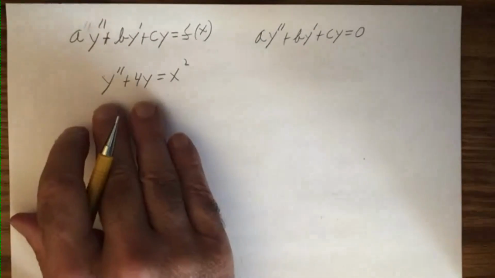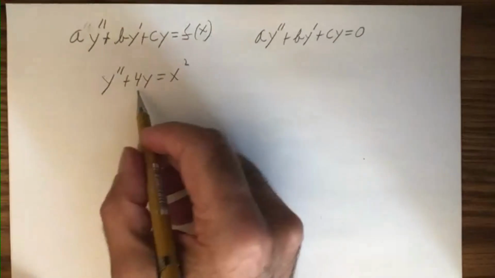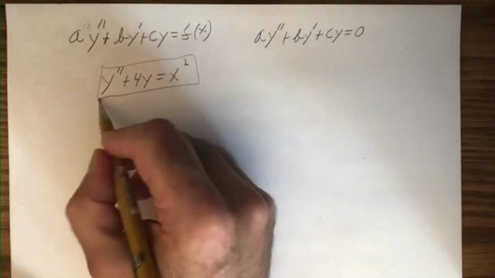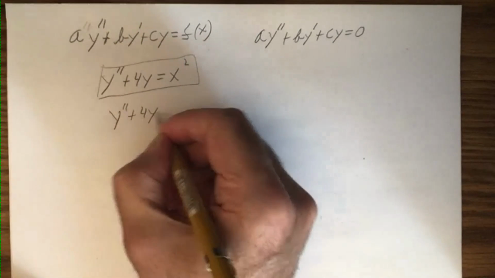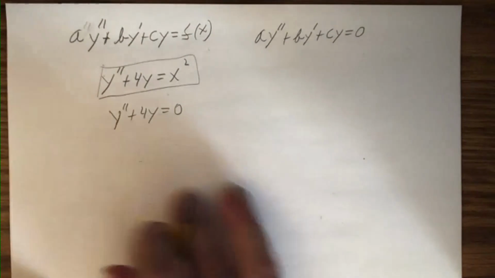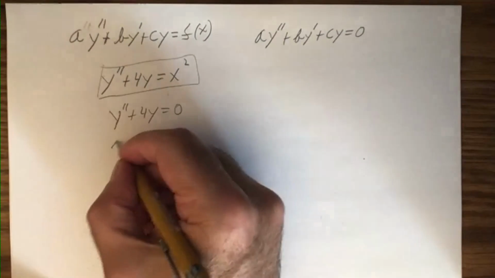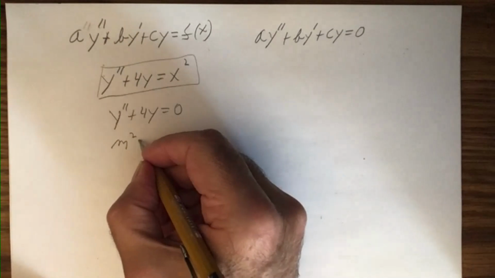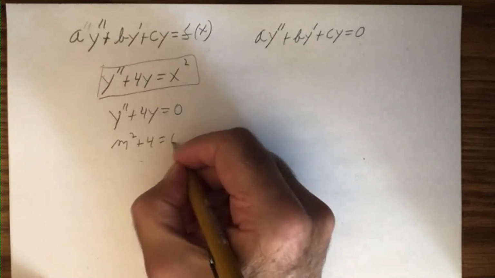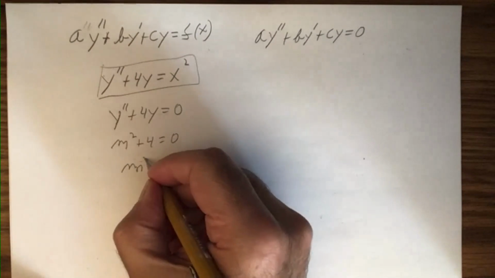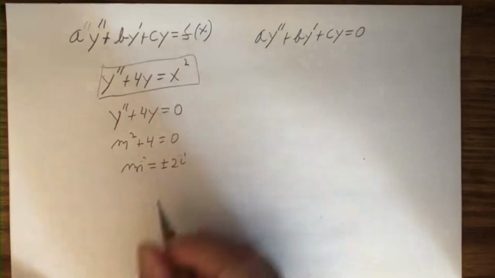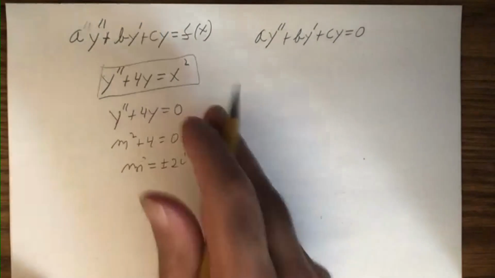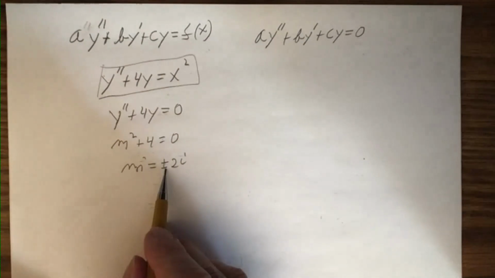So anyway, if I want to solve this equation, the first thing I need to do is solve this. All right, I solved this. Hopefully everybody sees that the solution to this is just plus or minus 2i.